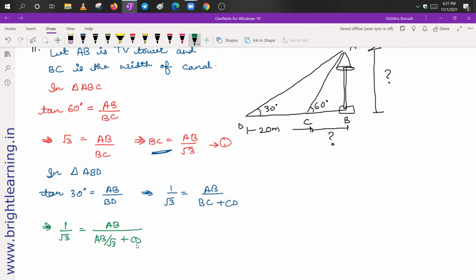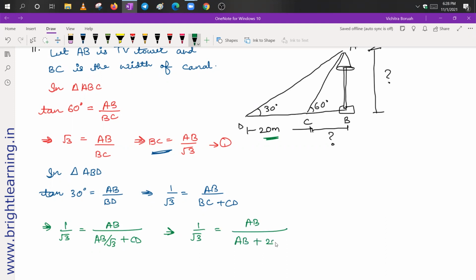Now next we will simplify it here. Okay. So now the value of CD, we know that it is 20 meters. It is already given in the question. So we will get 1 upon √3 is equal to AB upon, if you take LCM here, you will get AB plus, in place of CD you can write 20.